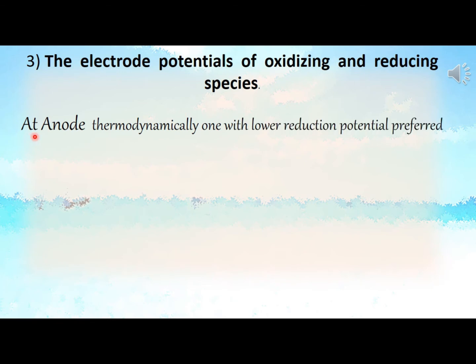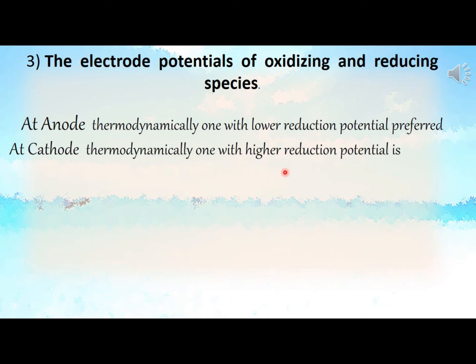At anode, if there are more than one anion, thermodynamically the one with lower reduction potential is oxidized, and at cathode, thermodynamically the one with higher reduction electrode potential is reduced. But these need not always be true because there are exceptions.